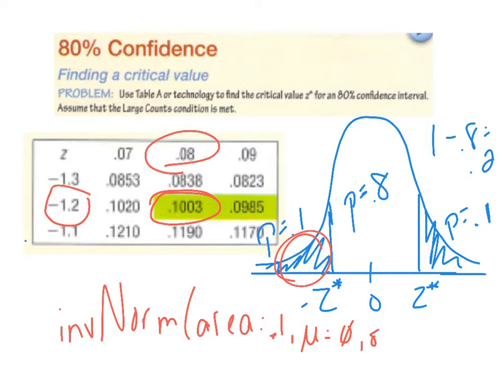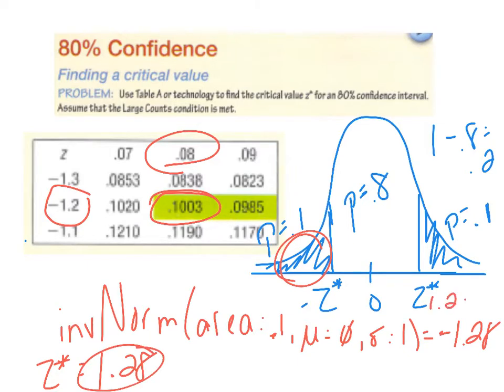That will give me my negative 1.28, which tells me my critical value z* is 1.28. So that would be 1.28 here and negative 1.28 to the left.